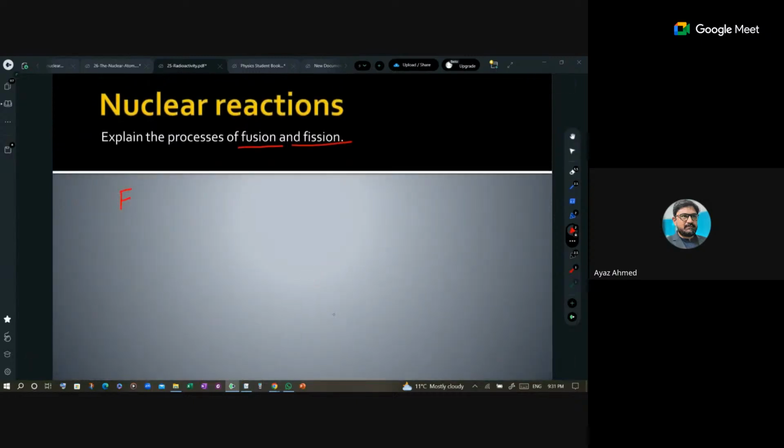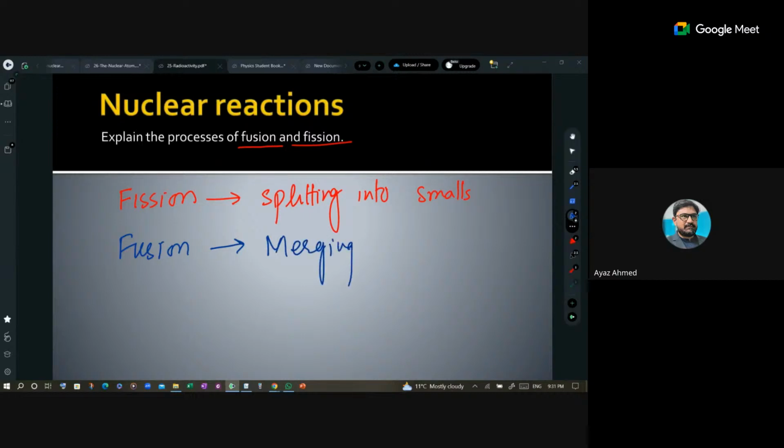One is fission, which is splitting into smaller ones. And fusion is merging into larger ones.